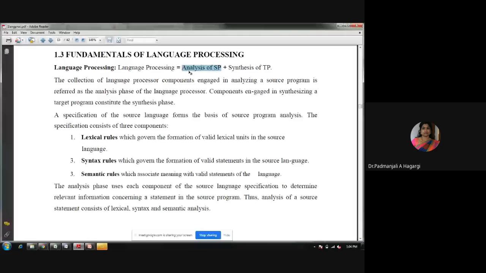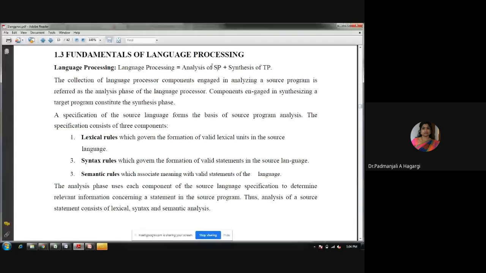If I'm going to develop a C language, I should develop a compiler for it to understand the language. Or if I want to develop a Marathi language, I have to develop the Marathi compiler so that it understands the text of the Marathis. During that period, we call it analysis of the source program.